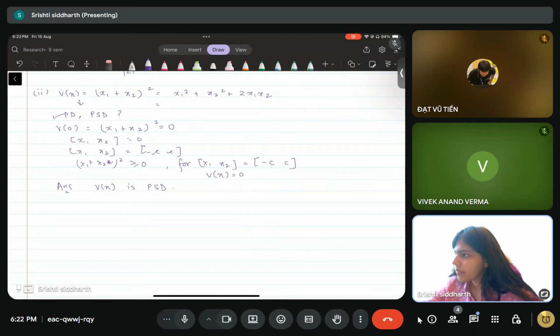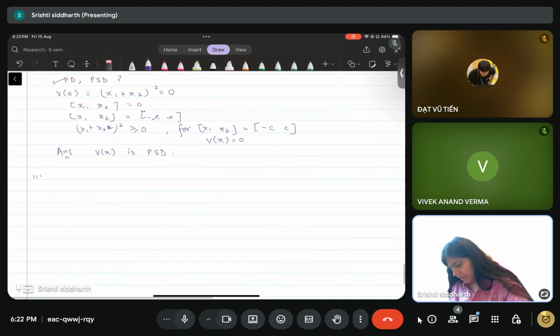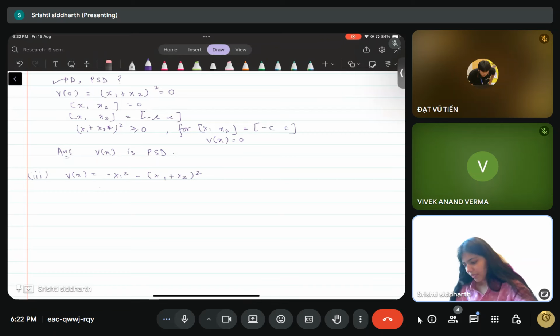Let's see. Okay. So V(x) in this case is minus x1 squared minus (x1 plus x2) whole square. Let's expand this.